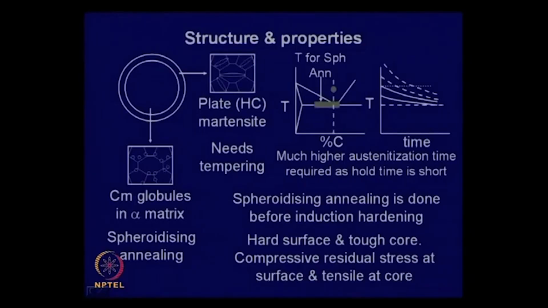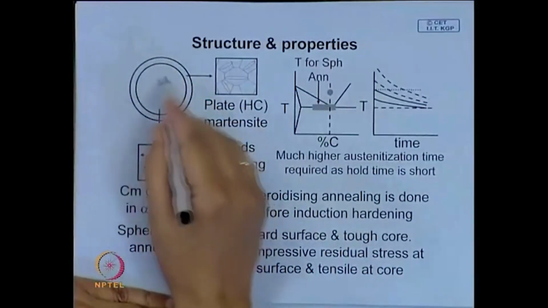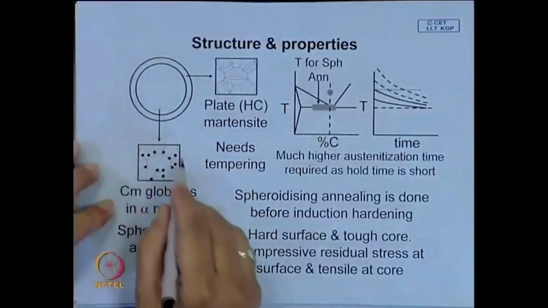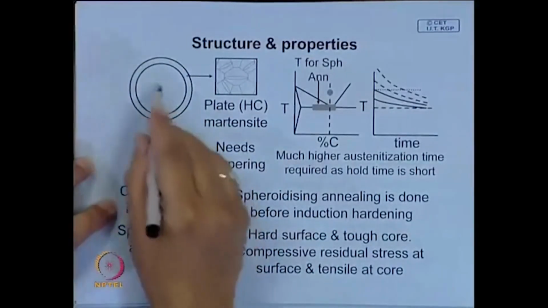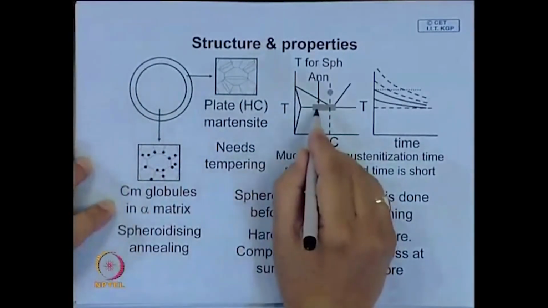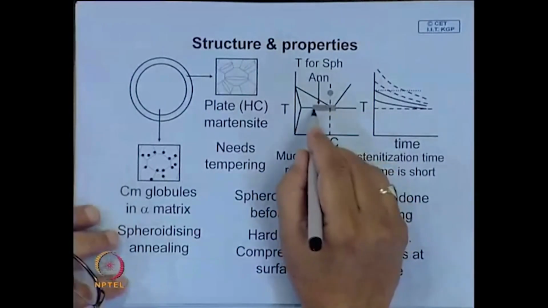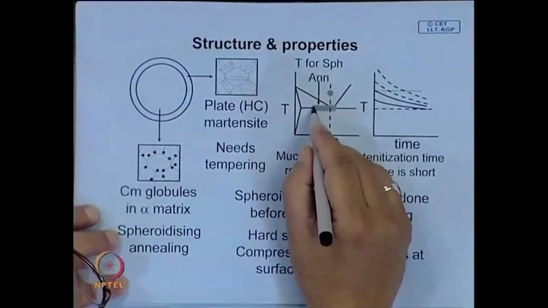Now, let us look at the structure within an induction hardened steel. Here, if you look at this part where I said, in order to get a tough core, it is previously given a spheroidizing annealing, and this diagram shows the usual spheroidizing annealing temperature.